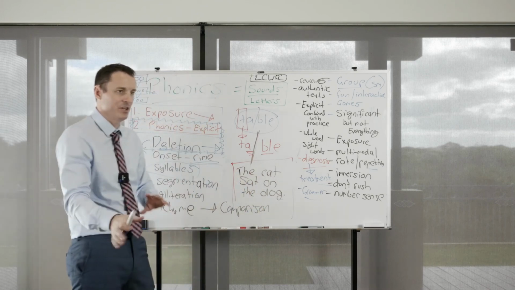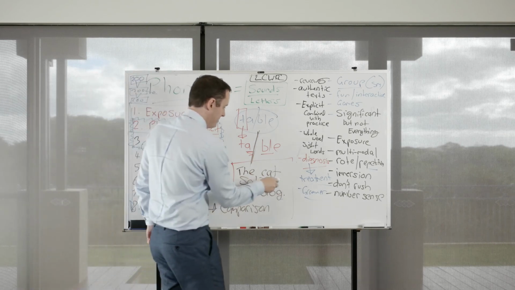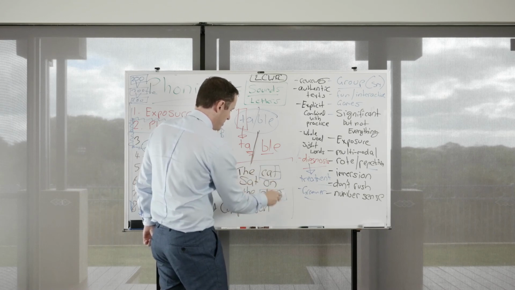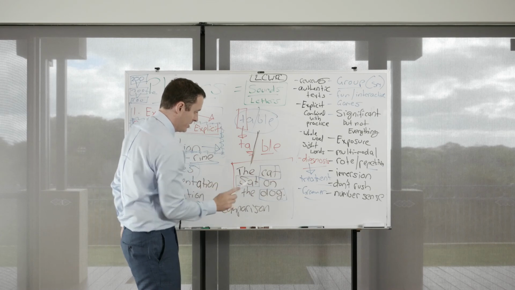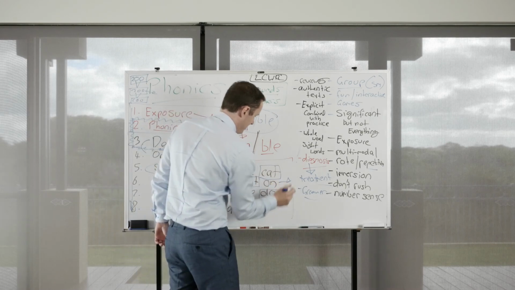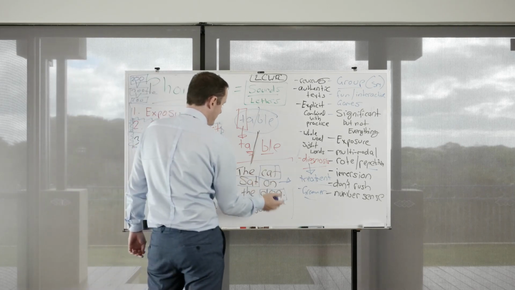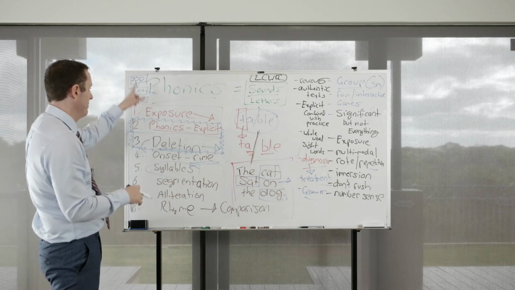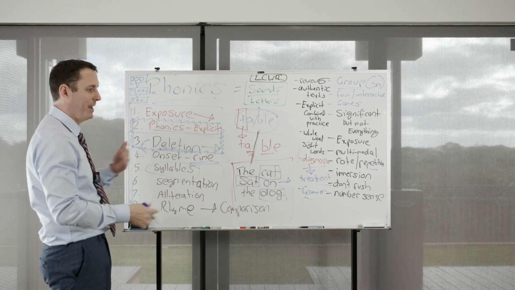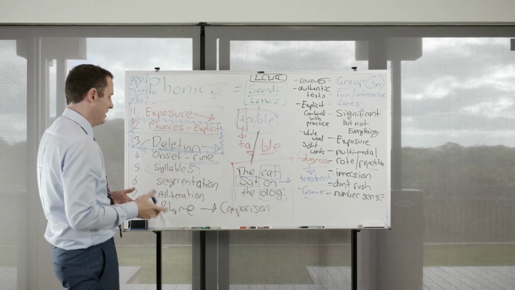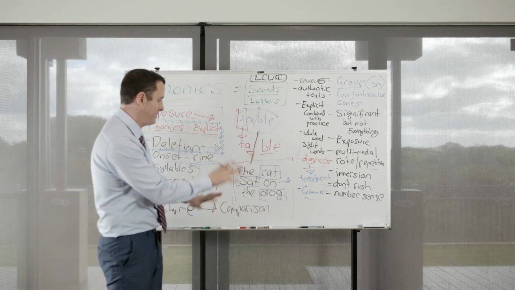So how would we show that the dog sat on the cat, for example? So obviously, you've got a cat there, you've got a dog there, and they might be learning about doing words, and they might be learning about these types of words, on, at, below, and so on and so forth. So in that sense, they're able to manipulate, just like they were with phonics. They can move words around, letters around, sounds around, play with different sounds and see what the effect is and so forth. So that segmentation stage is really about being able to do that.